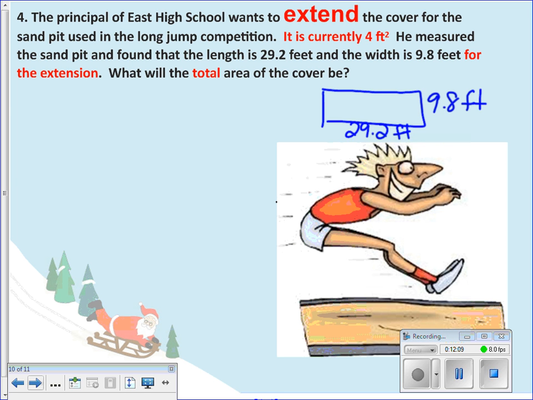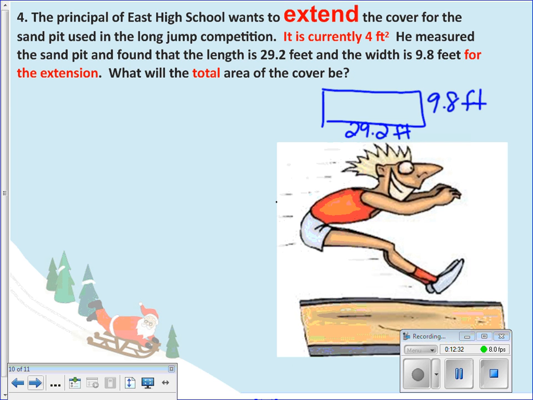We would multiply our length and width and find the area. But I changed it because number 3 on your homework, like you just circled, isn't like one we did in class. So I changed number 4 so you don't go home and look at number 3 and go, what? And start to panic. Or so when you take your test on Tuesday and you see one of the questions, you don't go, what? And start to panic.